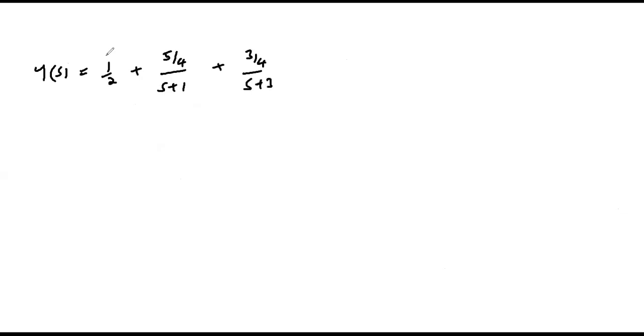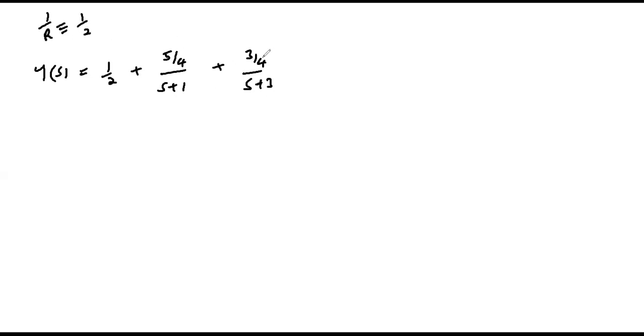This first term is an admittance being a constant, that means it's conductance. If it's conductance, then the resistance is 2 ohms, because conductance is 1 over R, which we compare with 1 over 2, and therefore the resistance is 2 ohms.